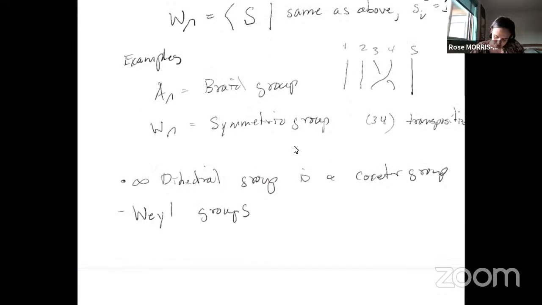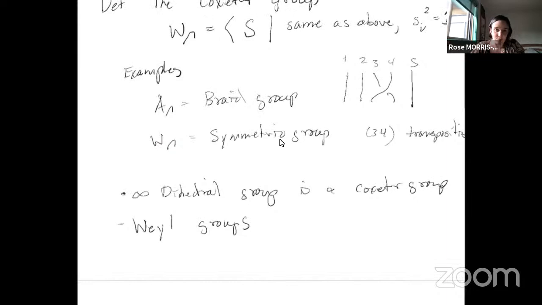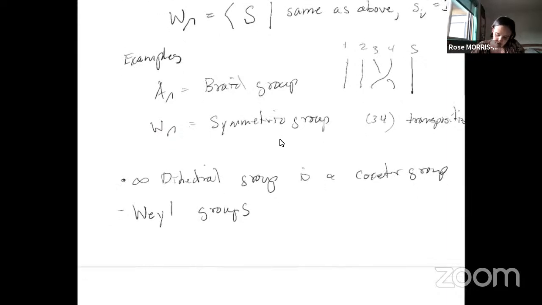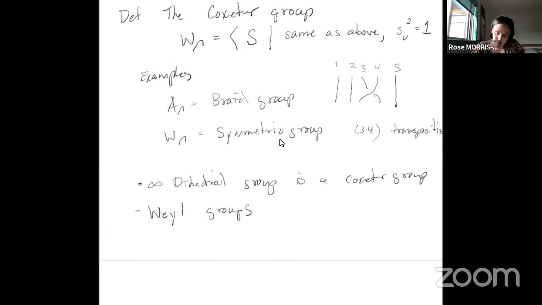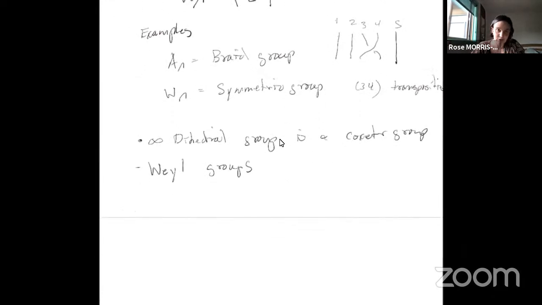So that's the definition of Coxeter groups. One of the main ways that Coxeter groups and Artin groups are related is through a geometric space called the hyperplane complement.